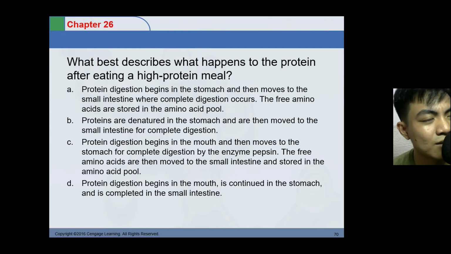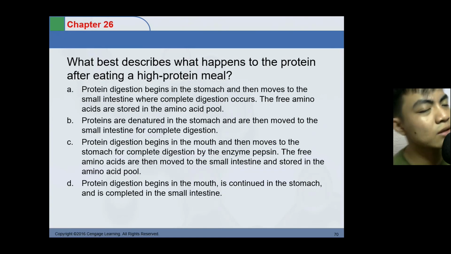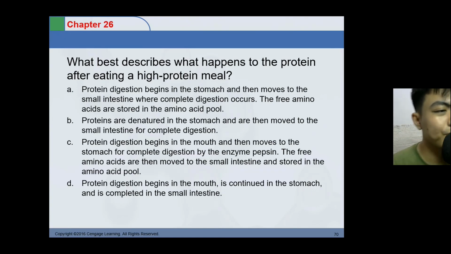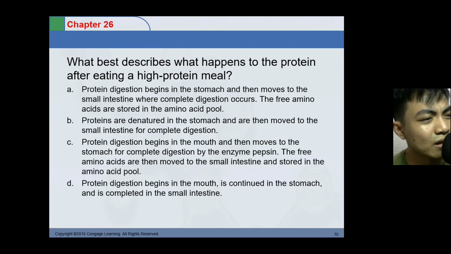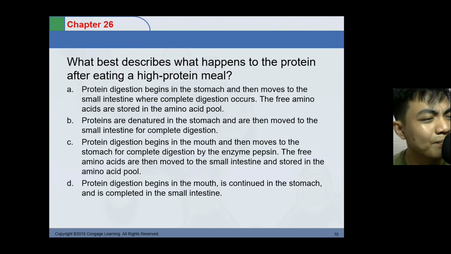Okay? At saka medyo may flaw din pala yung letter B kasi sabi niya lang doon, denatured in stomach. I remember, napuputol din naman yung amino acids from the protein in the stomach with the help of pepsin. Letter C, protein digestion begins in the mouth. Mali agad, so wag na natin basahin. Tandaan, the digestion happens in the stomach with the help of HCl for denaturation and the pepsin for the partial degradation. Okay?